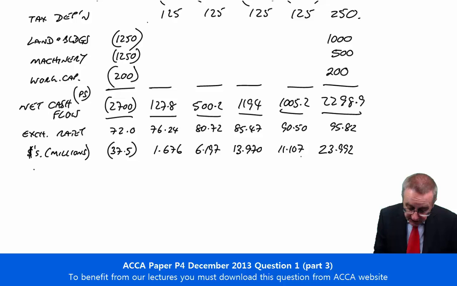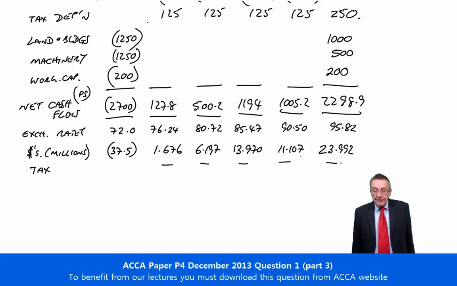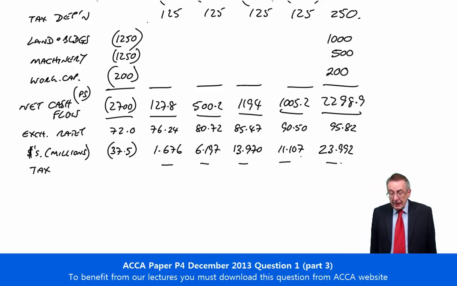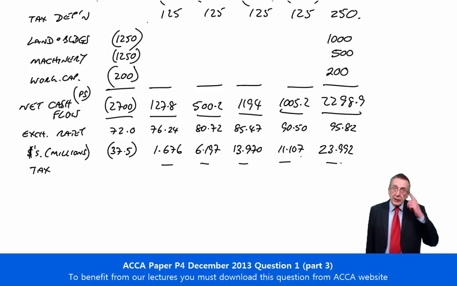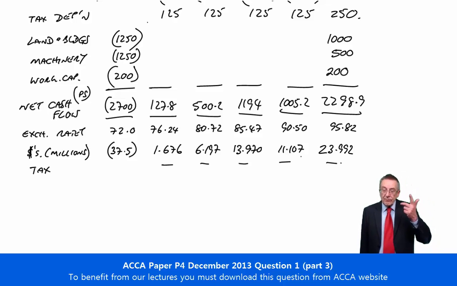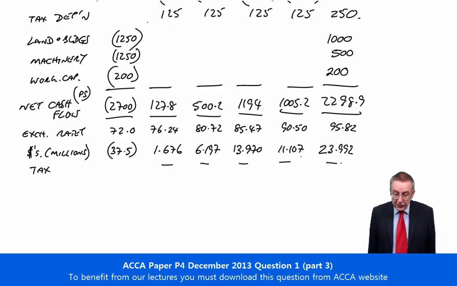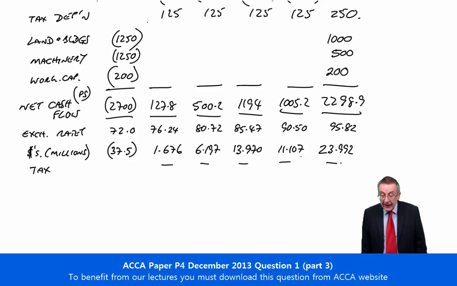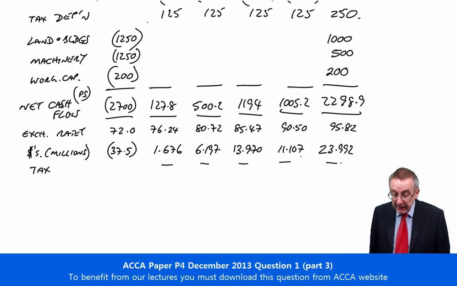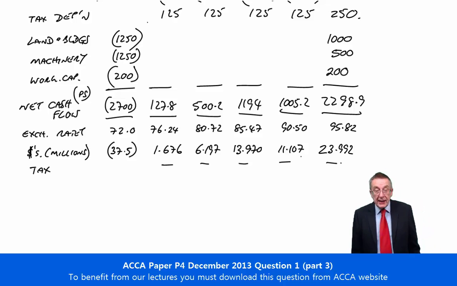Now, it may look silly, but I'm actually going to write it down: tax. Perhaps I'm being overcautious, but it's just to prove I have thought about it. Because it's a low rate, there won't be any extra. If it had been a higher rate, not relevant here, but if the tax rate in Chamorro was 30%, then you'd have had more work.